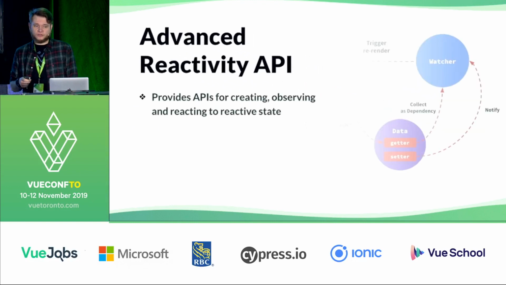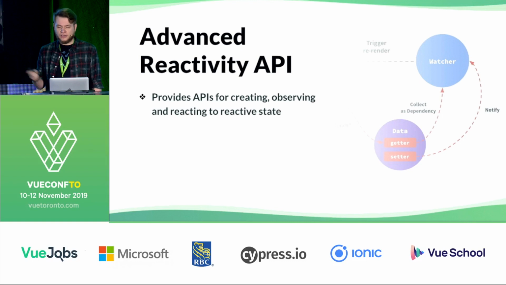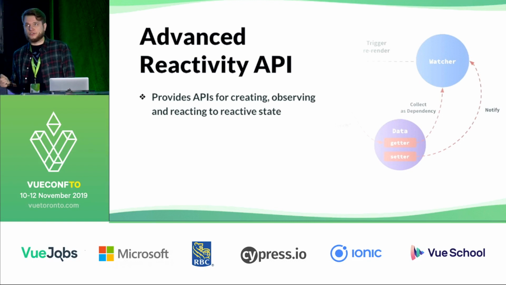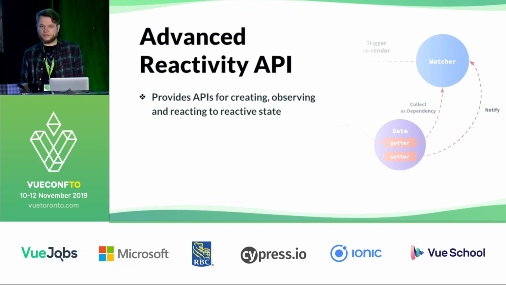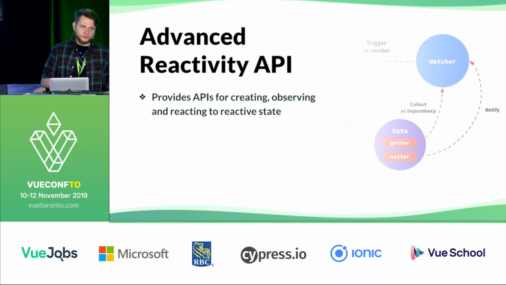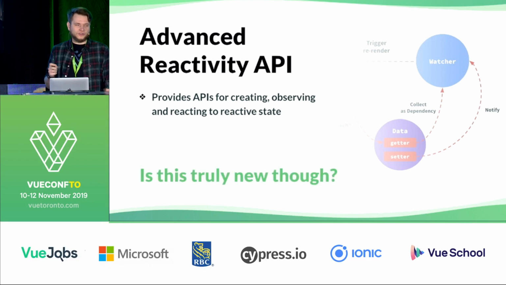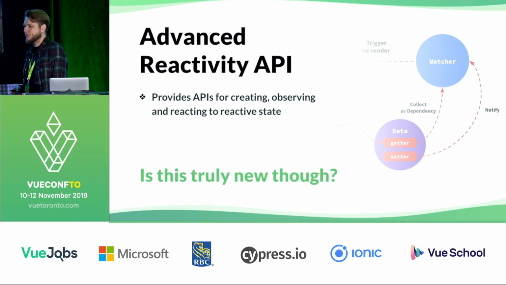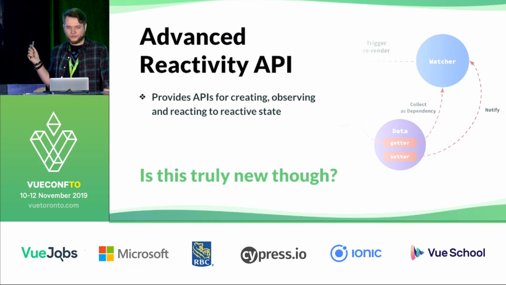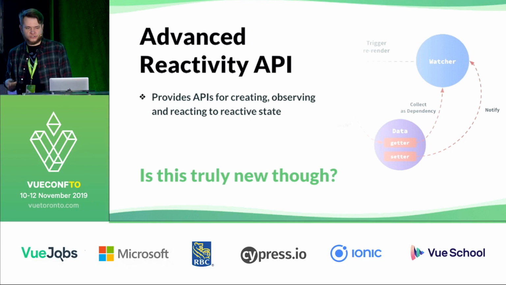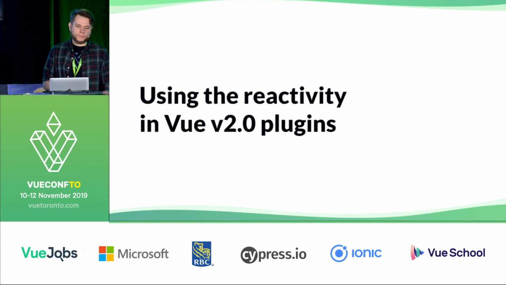And I would like to focus on the Advanced Reactivity API because setting up new lifecycle hooks was actually already possible if you knew the trick, but this is kind of new. I mean, new and not really new, because we had libraries before Vue 3, so it's not exactly true. You were able to create reactive state and observe a state, react to those changes.